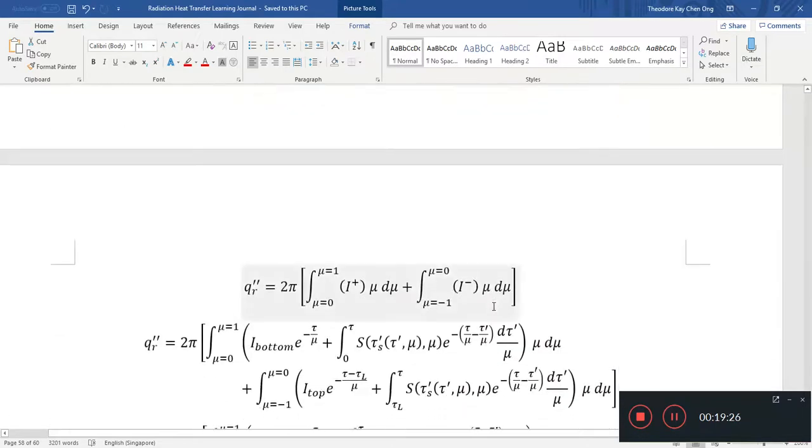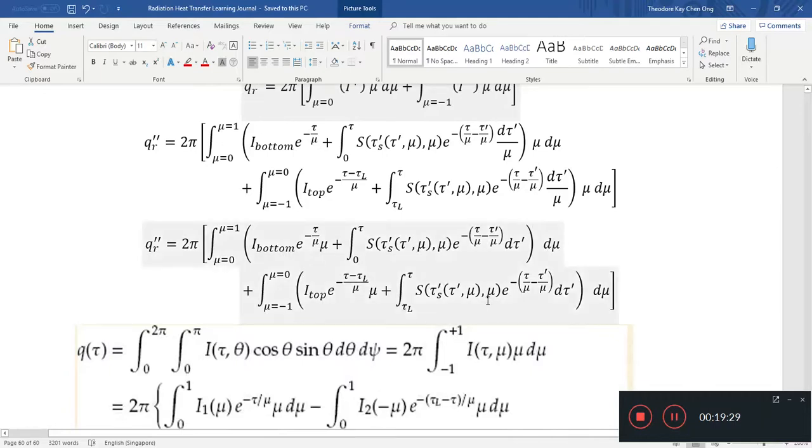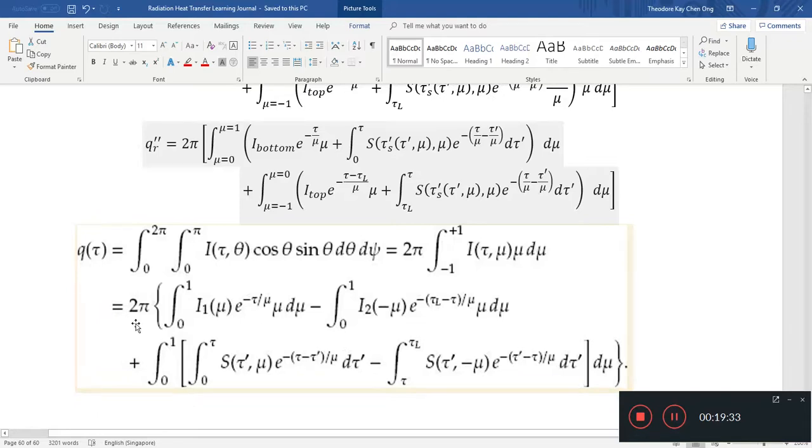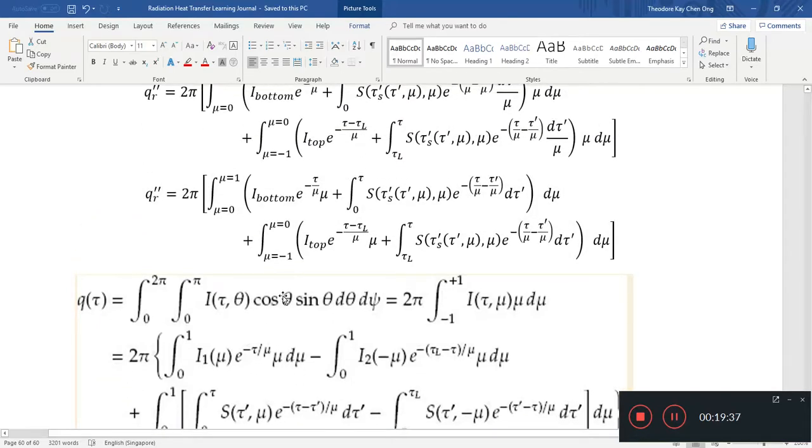I won't show you the derivation, but you can use that to change the limits from minus 1 to 0 into 0 to 1, and then we'll just get this negative sign outside. It's a little bit of math magic.